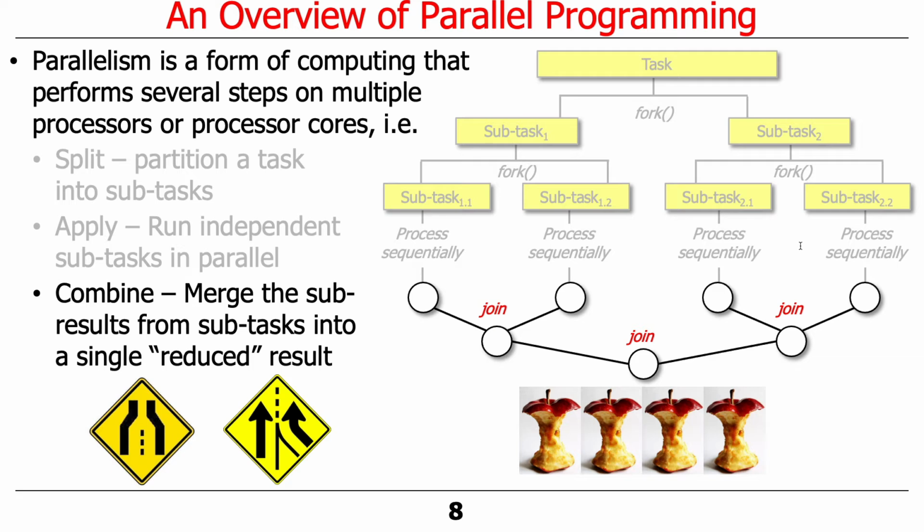The third and final stage in this is called combine, and it basically takes the sub-results from the subtasks. So as you were running sequentially, you got a result from each, and then they get successively joined into a so-called single reduced result.